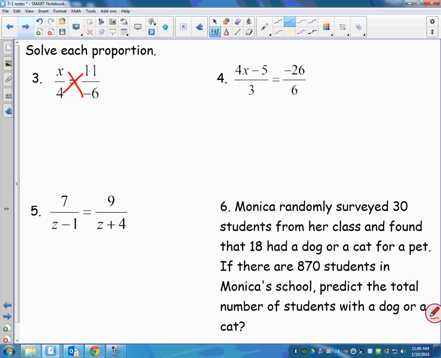Instead of dividing, you use the fraction button. So on this one, you get -6.